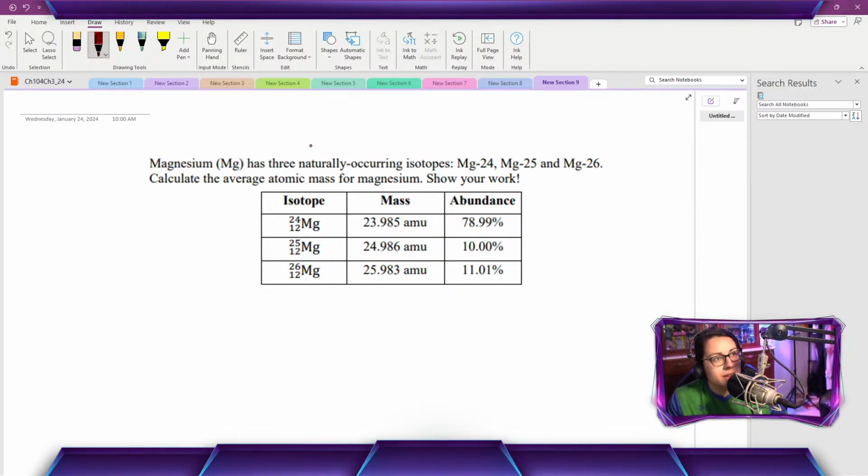We'll start with our mass here, 23.985 atomic mass units. Then we multiply it by our abundance, so we move the decimal over 2 times. That's multiplied by 0.7899.